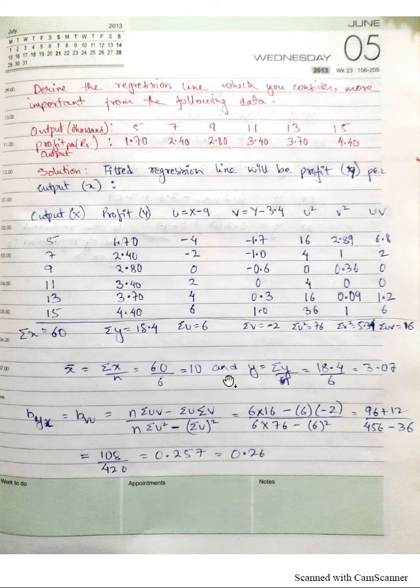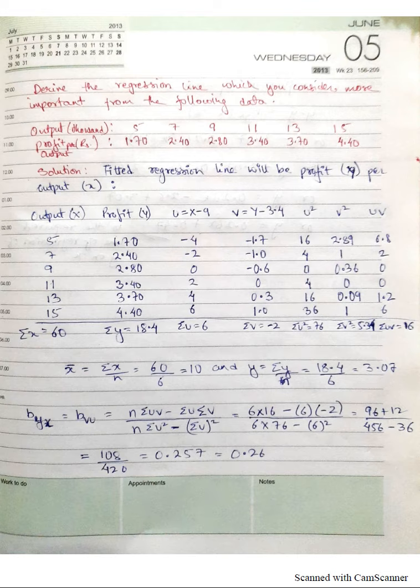But again, let us see the value of y bar. We add all this together, we get summation y, that is equal to 18.4. Y bar is equal to summation y by n, that is equal to 18.4 divided by 6, that is equal to 3.07.